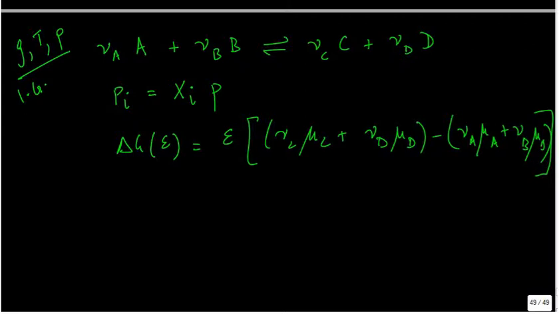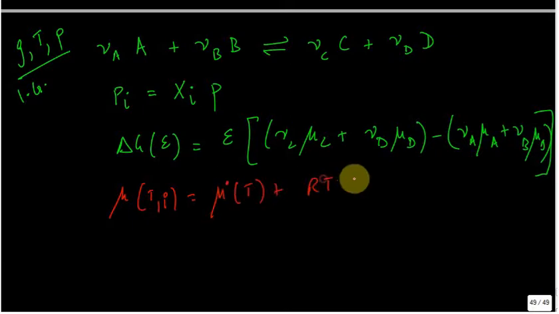And from some time back, we already know one thing, and that is, let me write that in a different color, mu at a given temperature and pressure is equal to mu naught at that temperature plus RT log P. So mu of component I equals mu I naught plus RT log of P of component I by P naught, which we had already said was 1 bar.